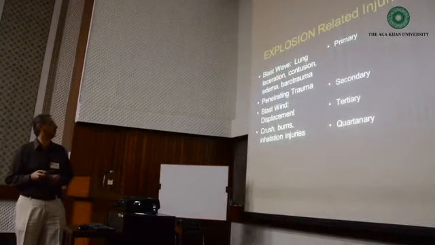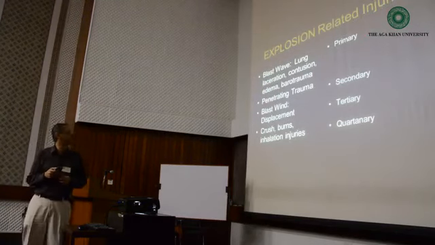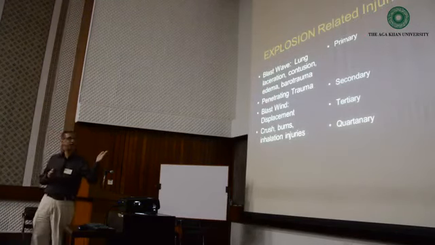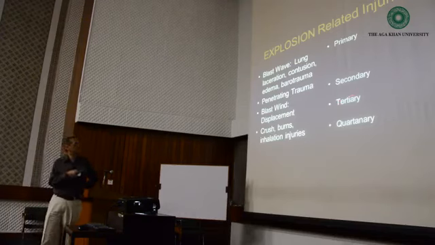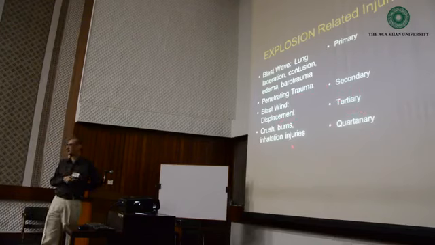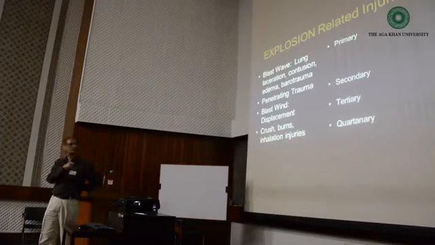And explosion-related injuries: primary when the blast wave affects, secondary when there's penetrating trauma, displacement is tertiary, and crush, burns, and inhalation injuries are quaternary. So these are the mechanisms of explosion-related injuries, just a little bit.